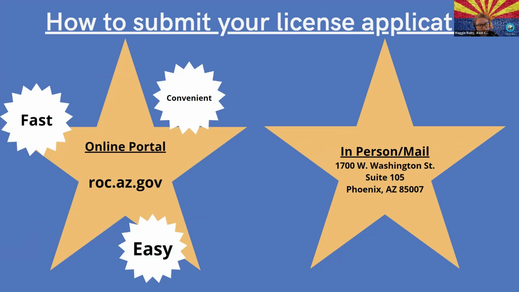If you are not a computer person and you don't want to submit it through our portal, you of course can come into our office or you can submit your application to us by mail. But I would strongly suggest that if you have access to a computer, you use our online portal to get you through that application. Like I mentioned a little bit earlier, if you were on an Arizona license previously, the system will recognize that as the qualifying party and will automatically waive you from those necessary exams.